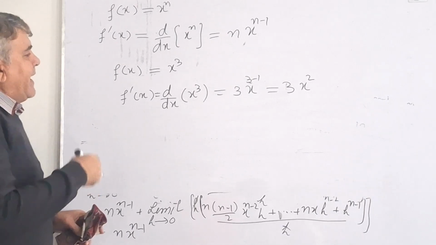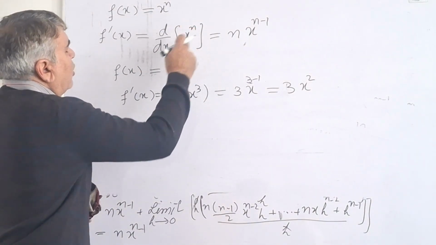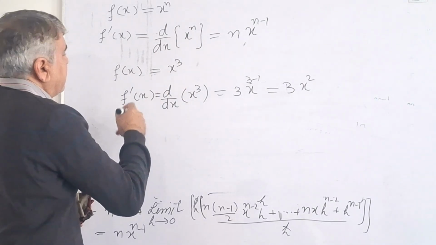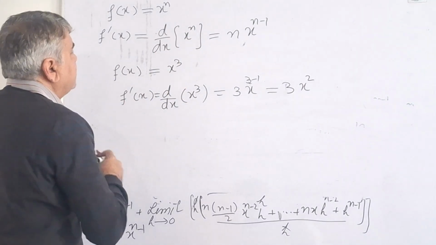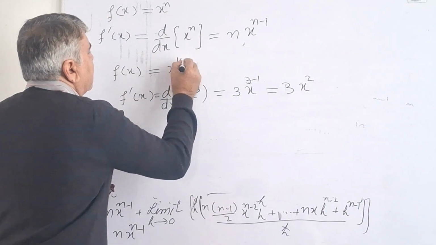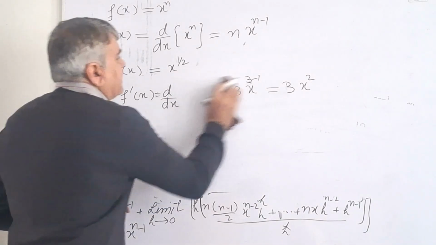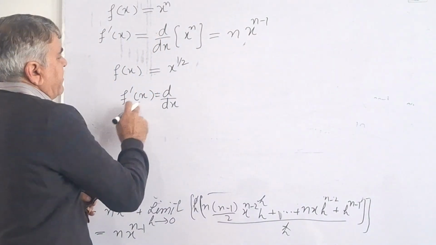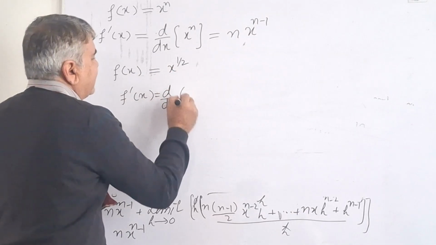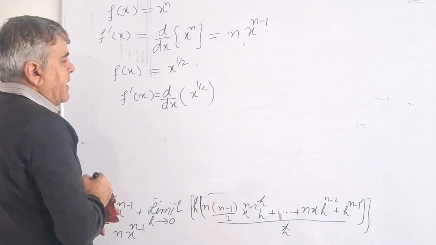For example, instead of a whole number as the power of x, suppose we have a function where the power is half. Then f prime of x would be equal to d by dx of x power half.